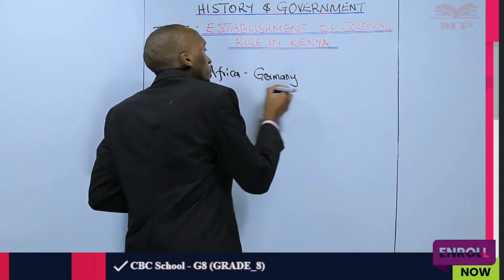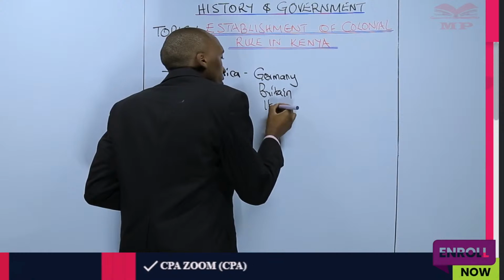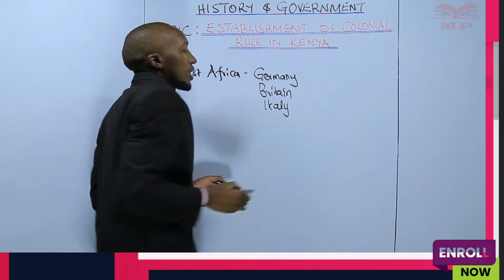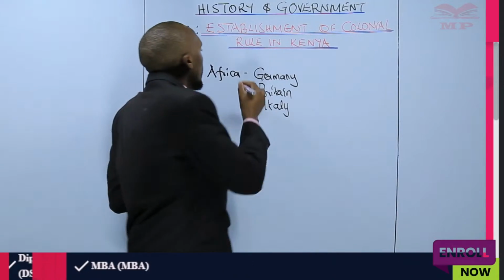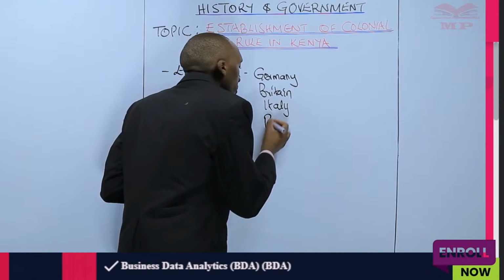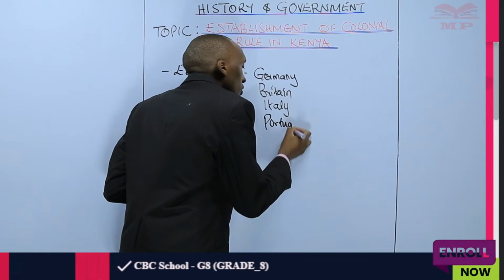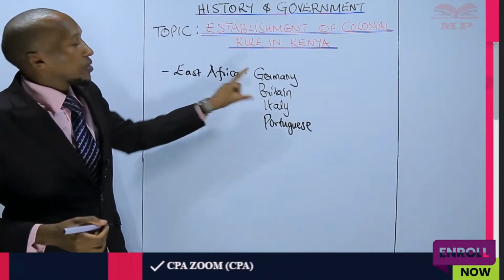Germany was one of them. We had Britain. We had Italy. Right? We had Italy that were competing to get the East African territory. We also had the Portuguese, who had come earlier than these powers.